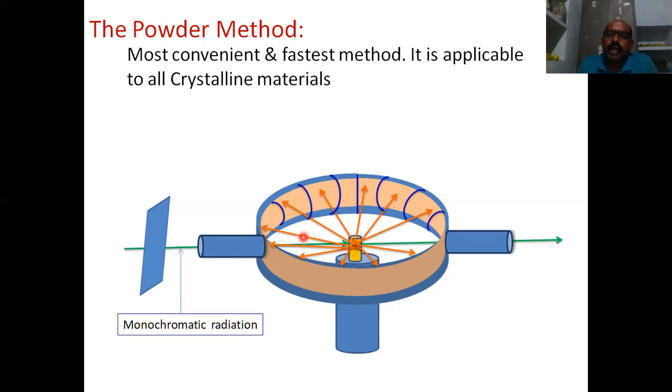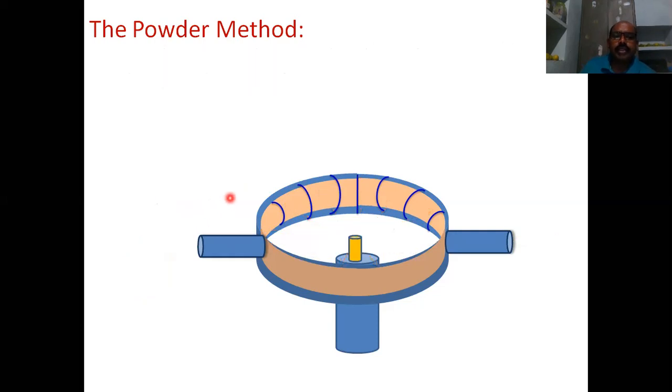For a particular angle of incidence, we observe the diffraction pattern from a certain set of planes which obey Bragg's law. In that way we observe the diffraction pattern for different planes. We see the animation here.